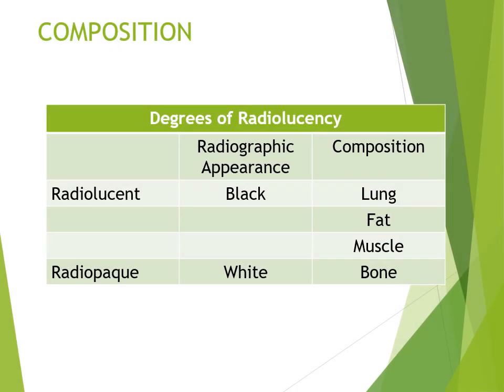So looking at radiolucent to radiopaque, we've got lung, then fat, then muscle, then bone, going from radiolucent to radiopaque, because lung is like air, and then bone is the most radiopaque of our degrees of radiolucency of our materials in our body.